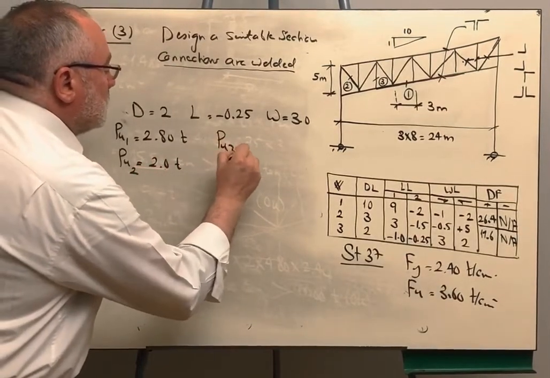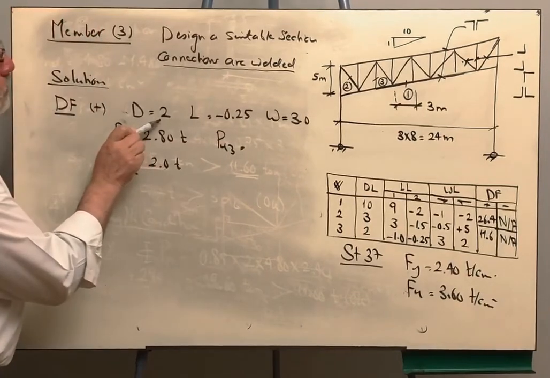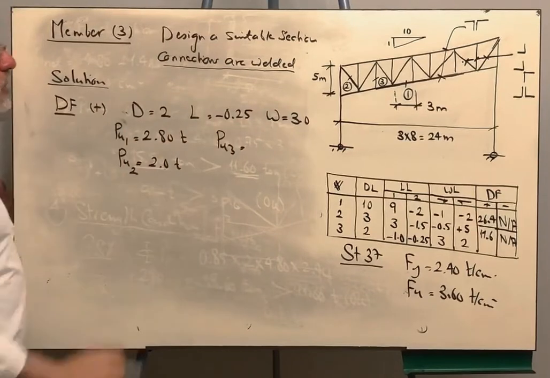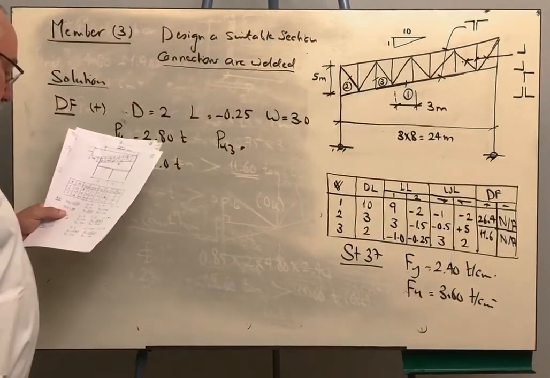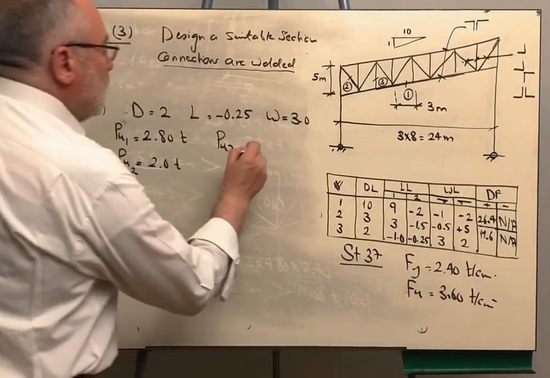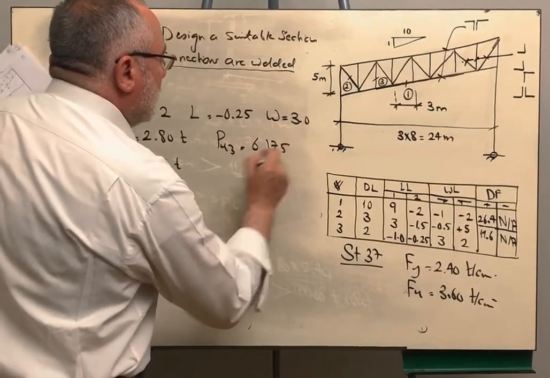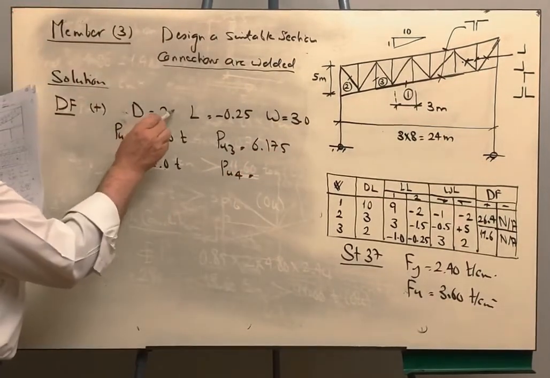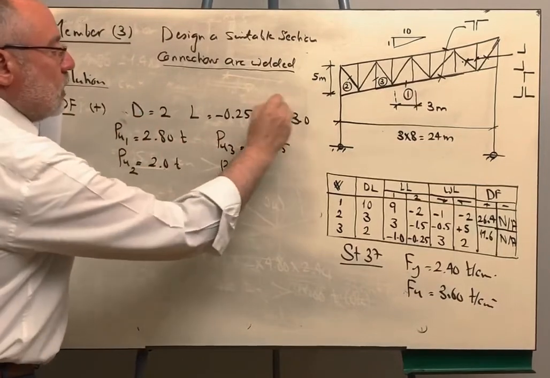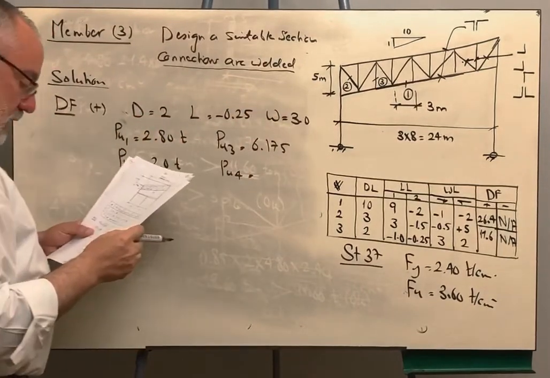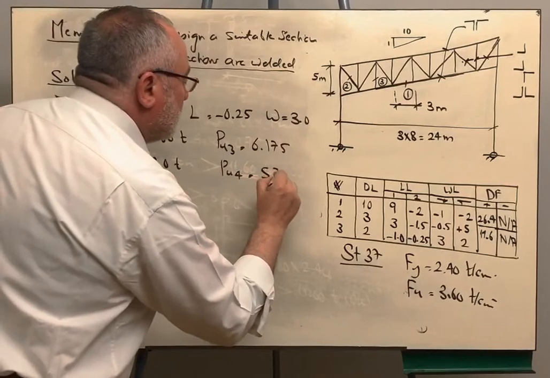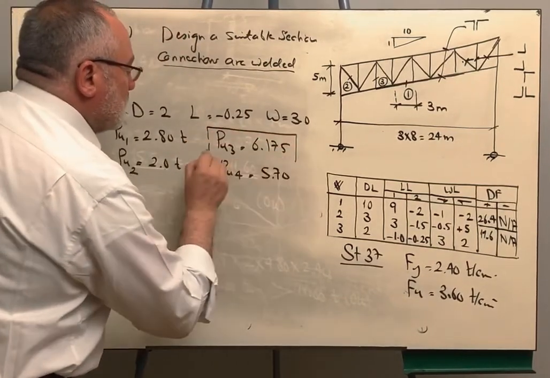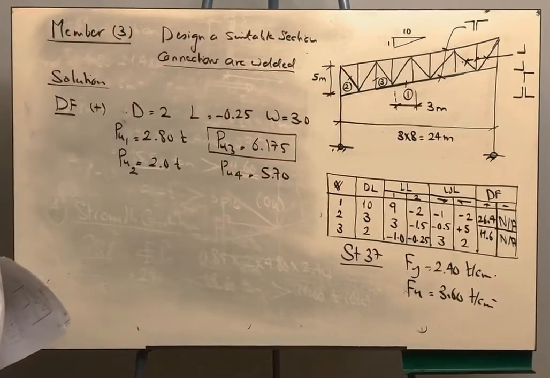And P ultimate 3, we are taking 1.2 dead plus 0.5 live plus 1.3 of the wind, and this will be 6.175. And P ultimate 4, I'm going to take 0.9 of the dead plus 1.3 of the wind, and this one will be 5.7 tons. Now, this value is the biggest value. So this will be the design force.